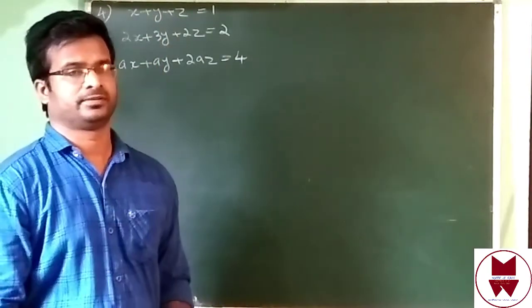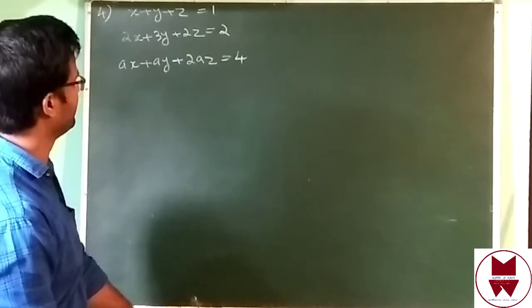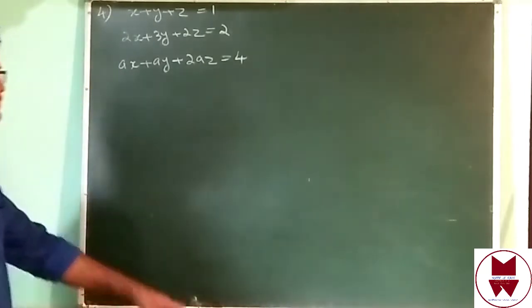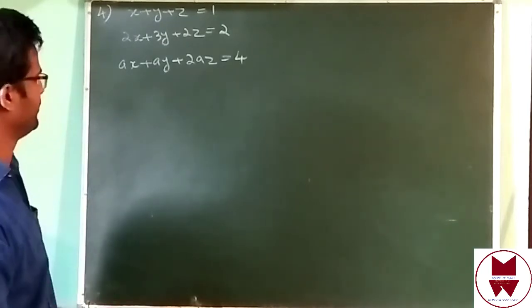Next question, question number 4. Here 3 equations are given with 3 variables. We have to check whether the system of equations is consistent or inconsistent. That is our question.